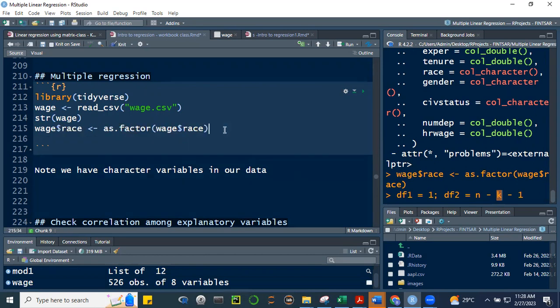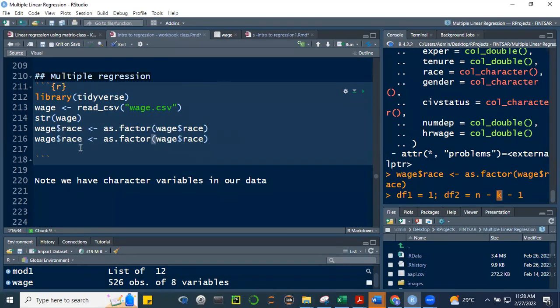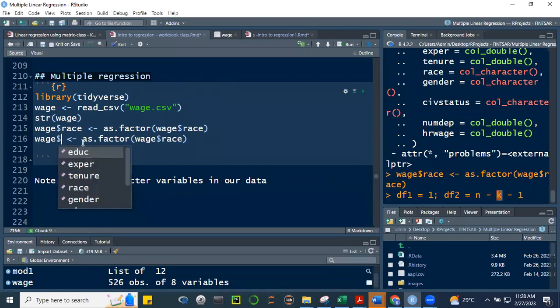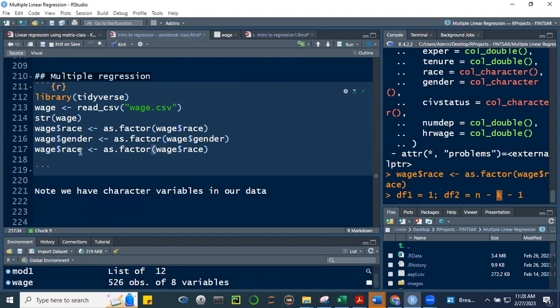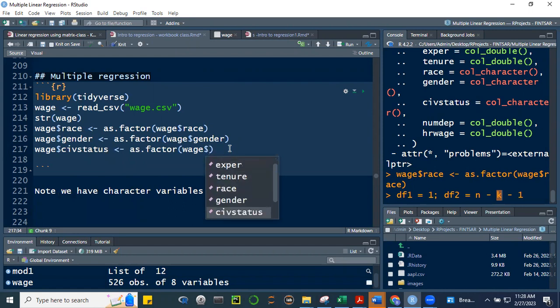Control C, Control V. This time, ano pa yung susunod? Dollar, si gender. So, gender to. And then yung huli, dollar civil status.